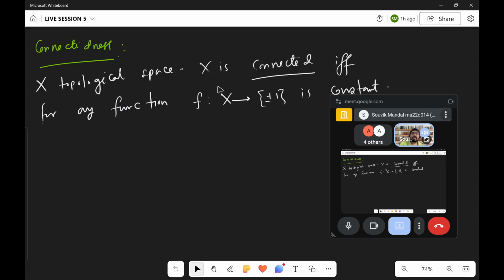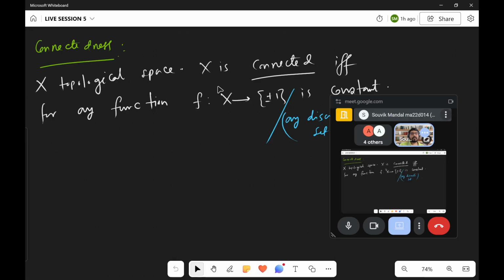A topological space is connected if any function from the space to a doubleton set is constant. Not only a doubleton, it can be any discrete set. In that case, it will be connected. It will serve as a characterization for checking connectedness.